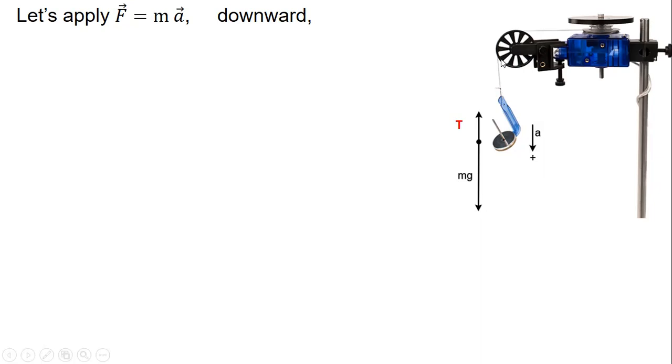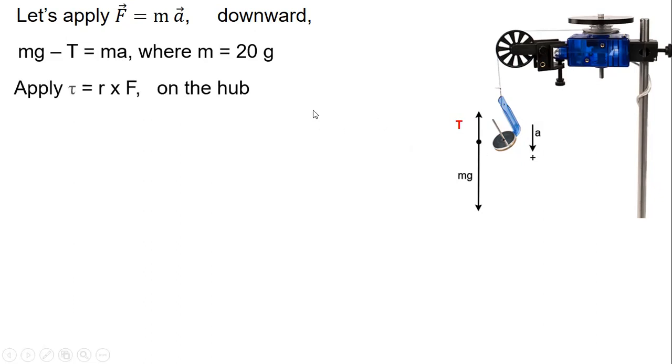Then it is attached to a rope, right? So there should be a tension T acting upward. However, the weight is heavier than the tension, so it's accelerating downward. So let's apply F equals ma downward. We get mg minus T is equal to mass times the linear acceleration, the acceleration of this hanging mass.